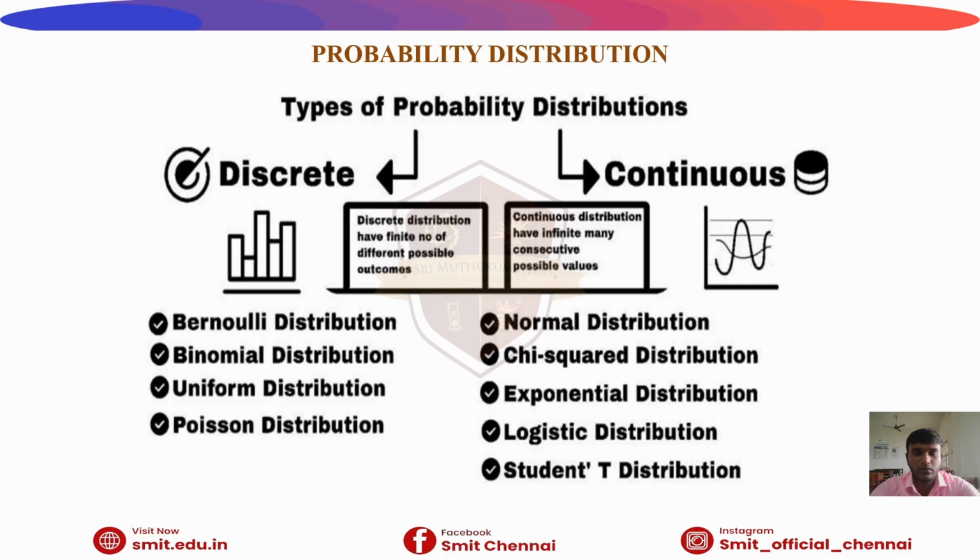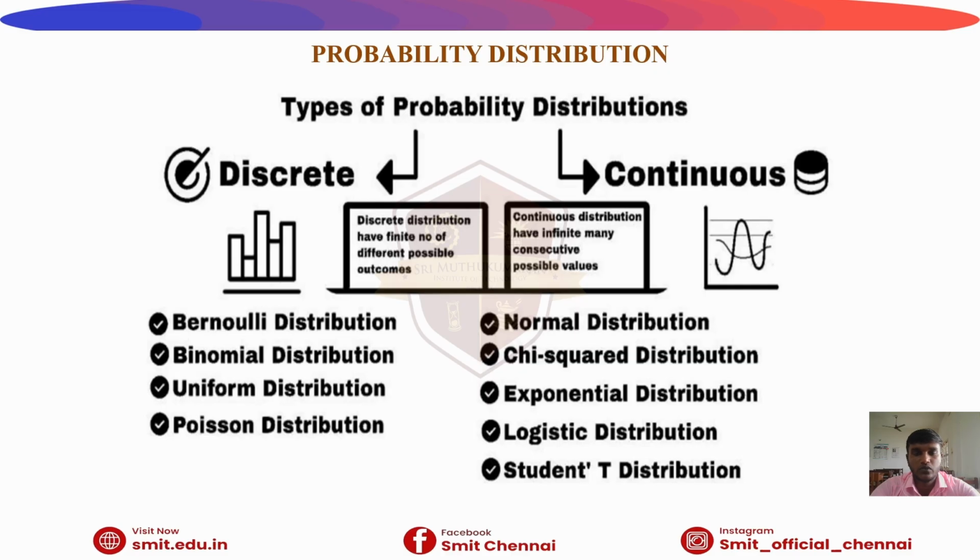Then probability distribution. A probability distribution describes how probabilities are distributed over the values of a random variable. Common distributions include the normal distribution, which is bell-shaped and symmetric. Then the binomial distribution for yes or no outcomes.